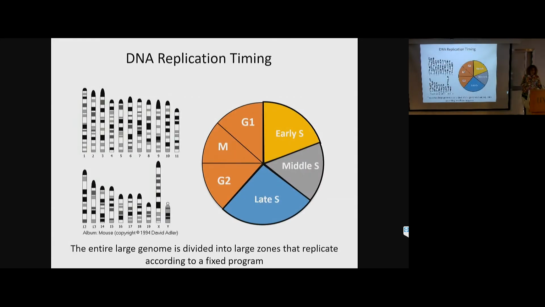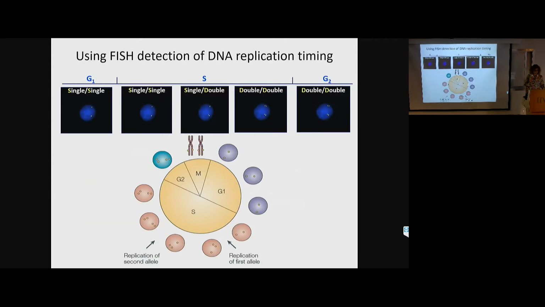So most of the genome is divided into large zones that replicate according to a fixed program, some replicate early during S, others in the middle S, and the others in the late S. But in all cases, the two alleles replicate more or less at the same time in S.